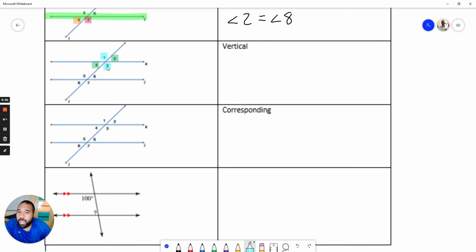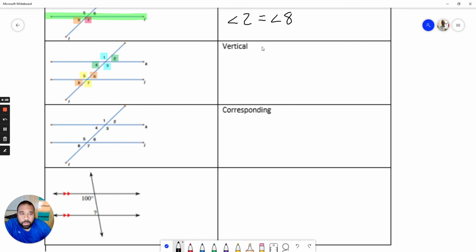Angle 1 and angle 3, they are across from each other. We also, in the bottom, have angle 5 and angle 7, and angle 6 and angle 8. These are all vertical angles.